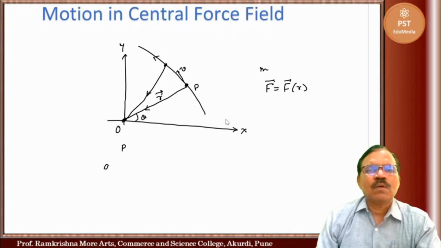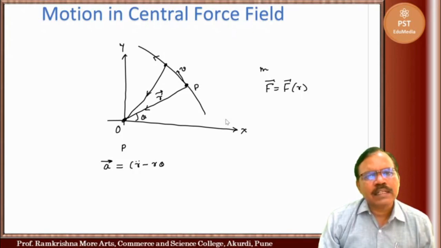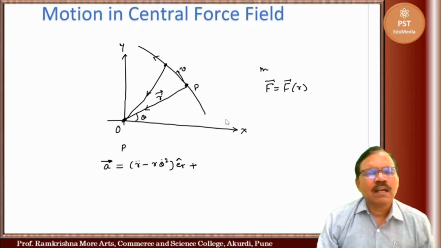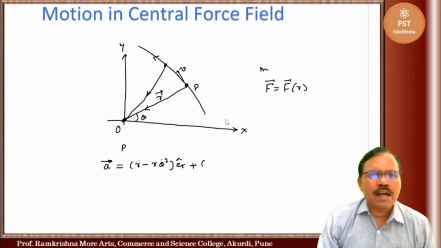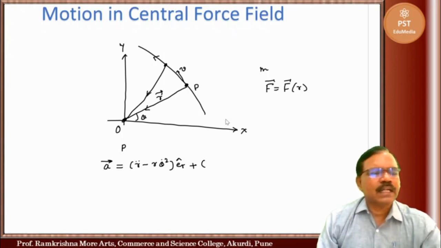What is the acceleration here at point P? The acceleration is r double dot minus r theta dot square into e_r, plus, what is the second part?